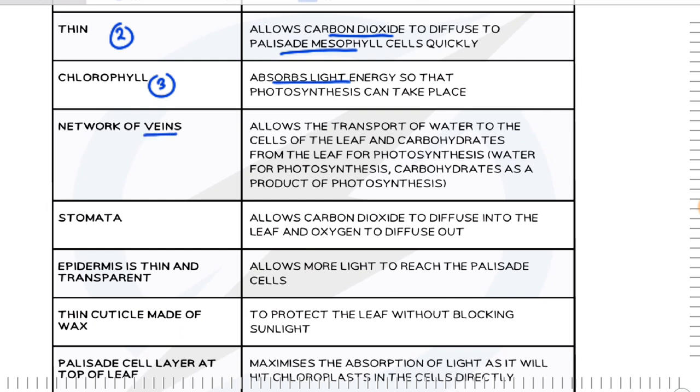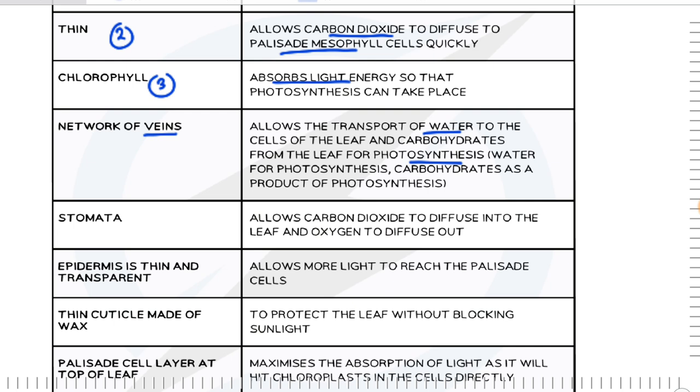The network of veins allows the transport of water to the cells of the leaf and carbohydrates from the leaf. Water for photosynthesis, carbohydrates as a product of photosynthesis. So our food is transported via the veins, and water is transported via the veins to most of the parts of the plant.